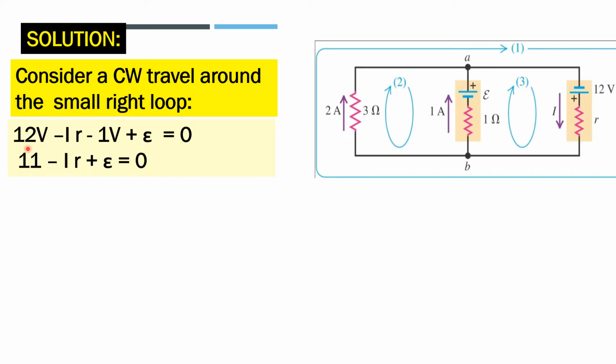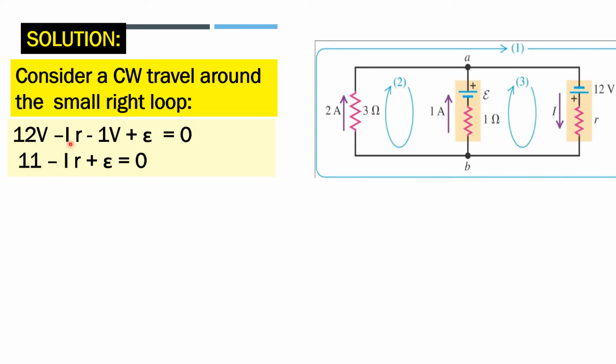The next step now is for you to simplify the equation. 12 volts minus 1 volt, of course, will give you 11 volts. For simplicity, we can just ignore the unit volt, so just call it 11, understood to be 11 volts.